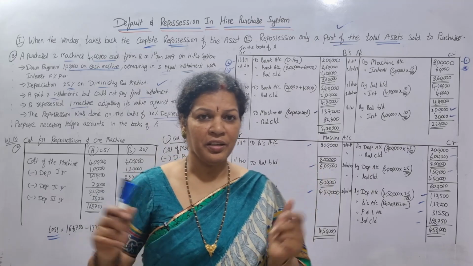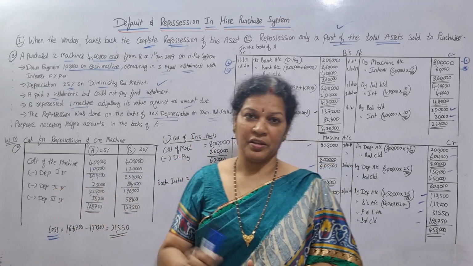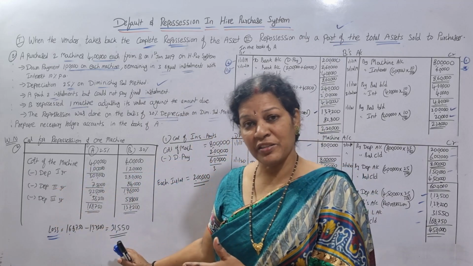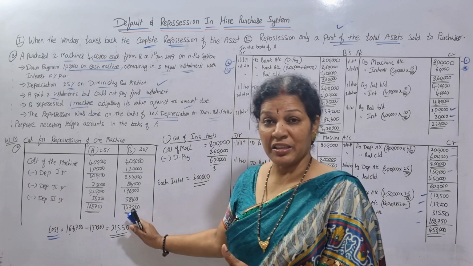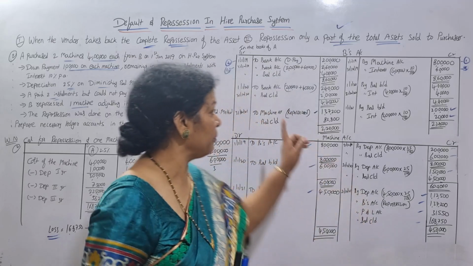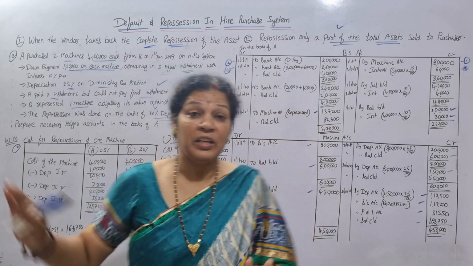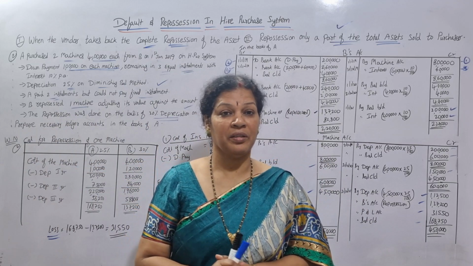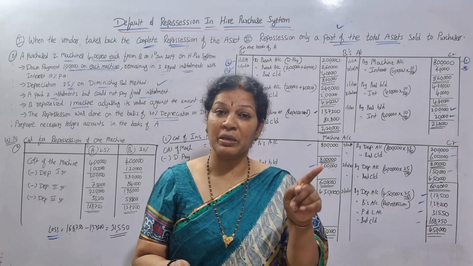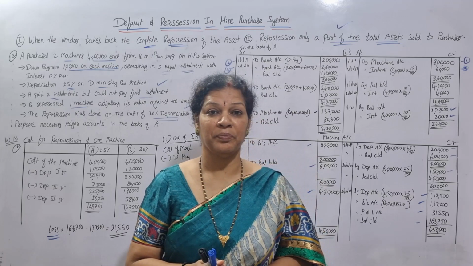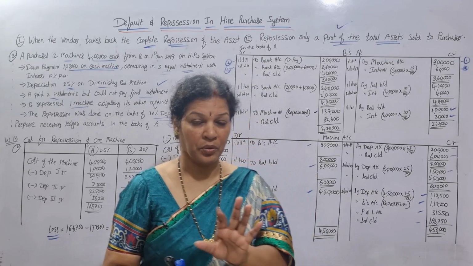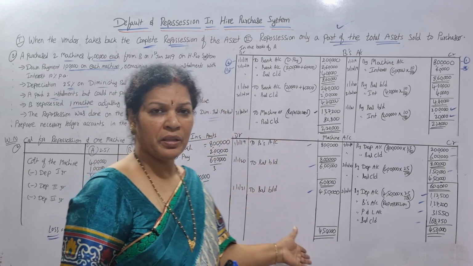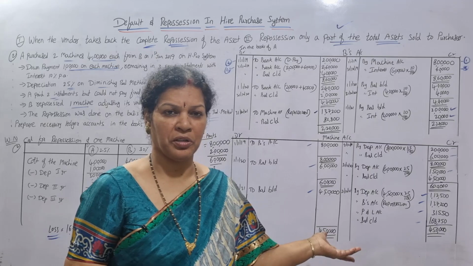But the thing is, here two depreciations are there. As per B's depreciation, 1,37,200 only he is saying, so we have taken 1,37,200. If two depreciations were not given, we would have taken one depreciation, the same as the previous problem. Getting it? So only that is the difference. And opening the machine account, asset account is as usual.